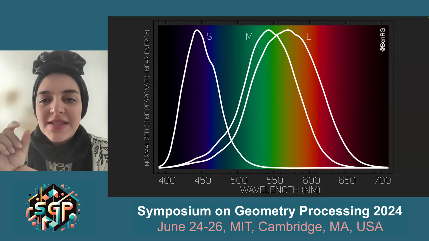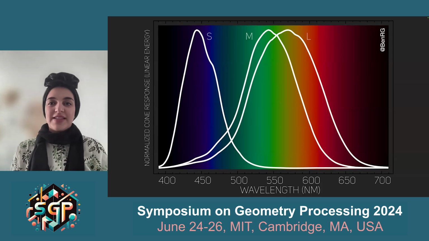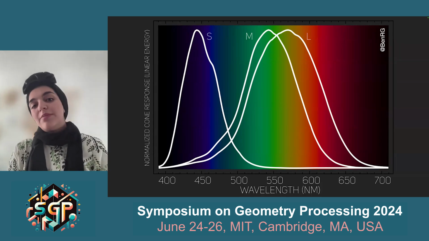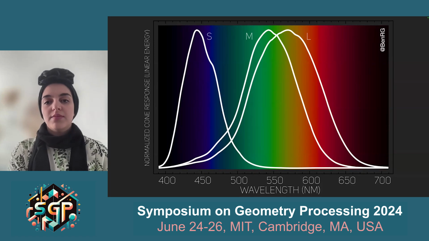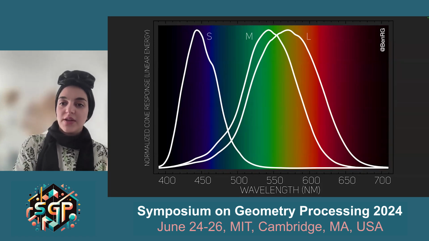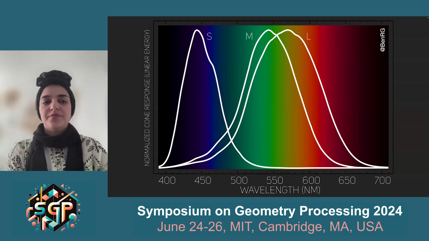That's because red, green, and blue don't really exist in physics as such. They are just labels that we give to things that we perceive. So in this case, small, medium, and long ranges of the visible light spectrum.